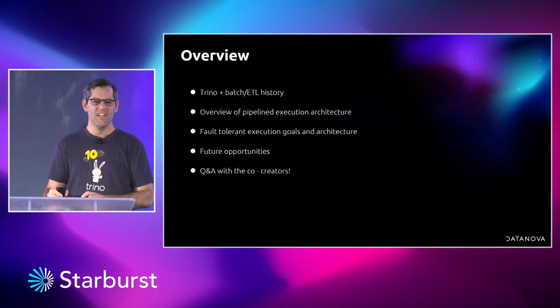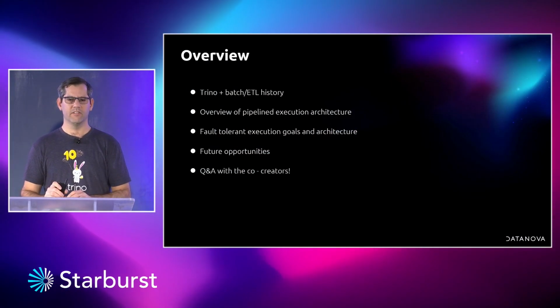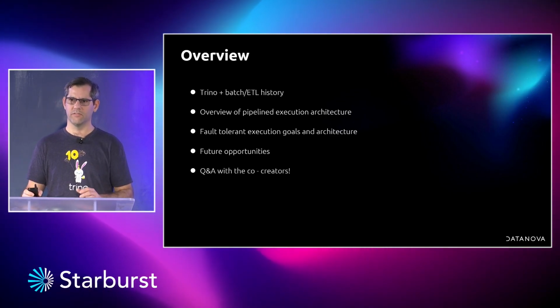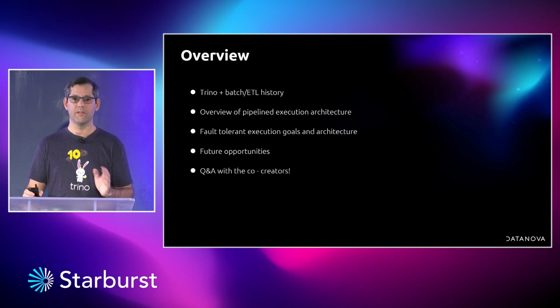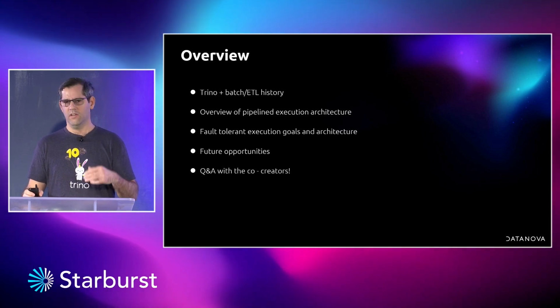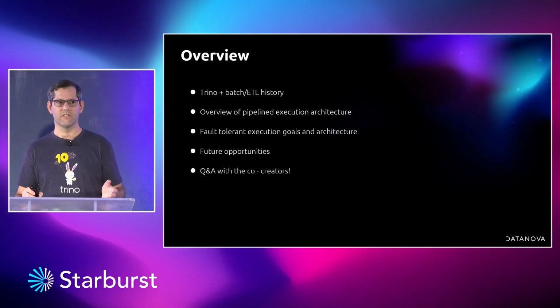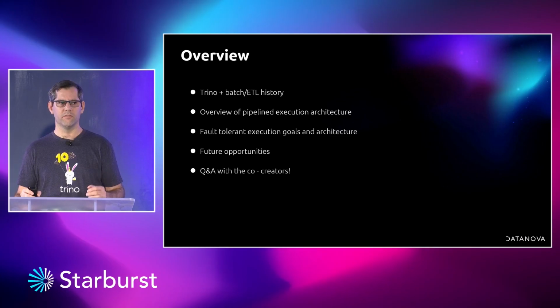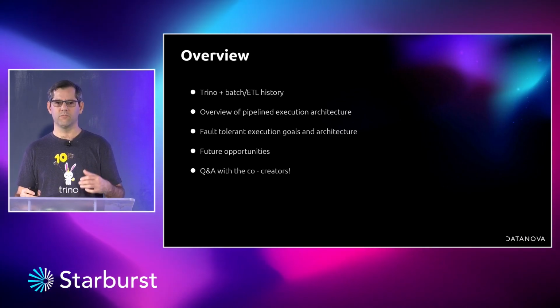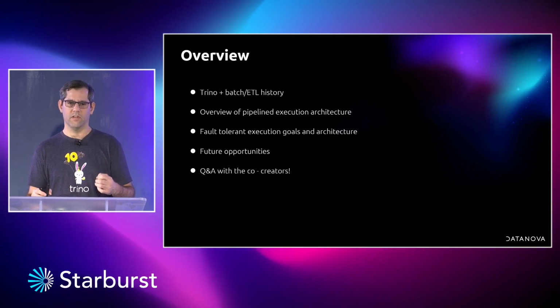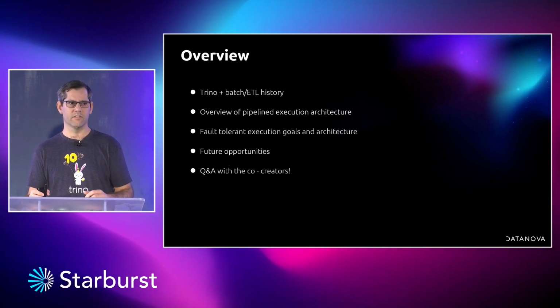All right, so we're going to talk a bit about how we got here, the history of Trino, how we created it, how we got to the point of being able to use it for big batch and ETL workloads. We'll talk about some of the challenges of the previous architecture, what the goals were after we implemented all the new capabilities, and the architecture that helped us solve those challenges.